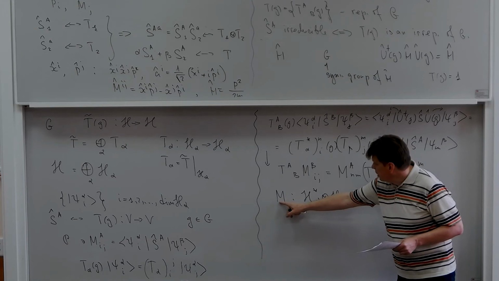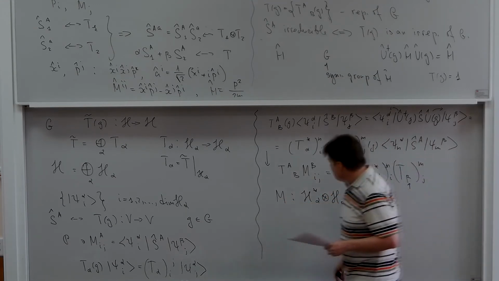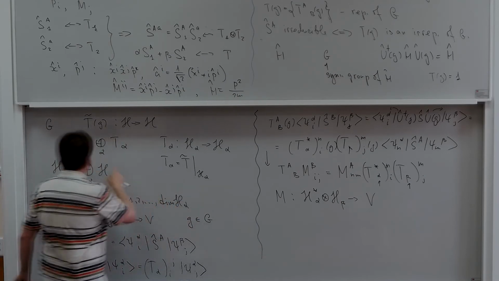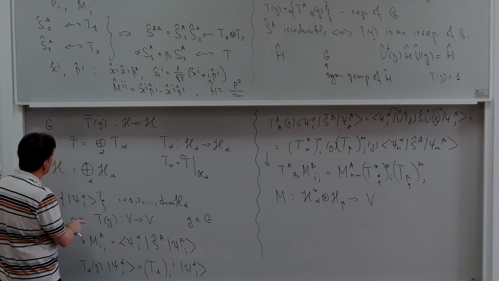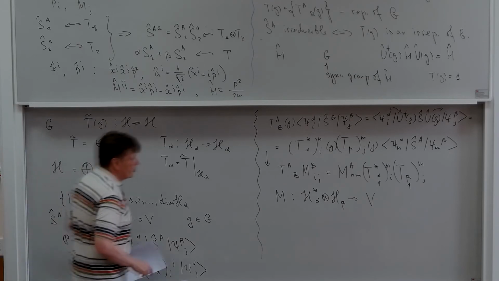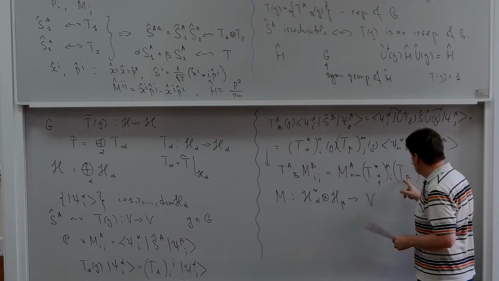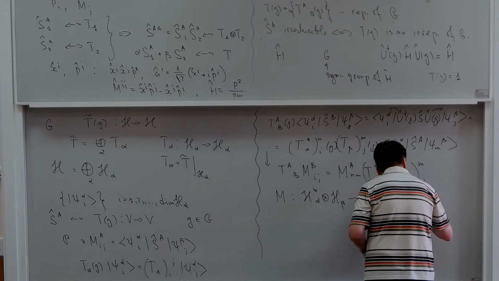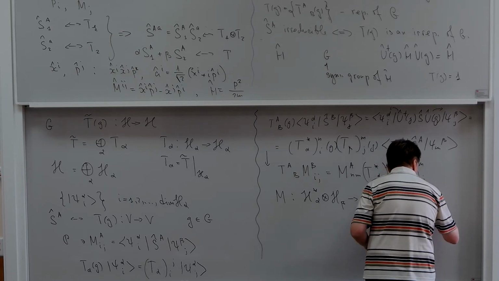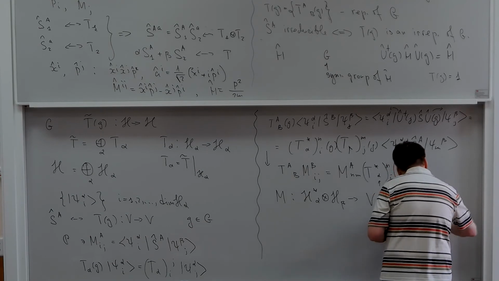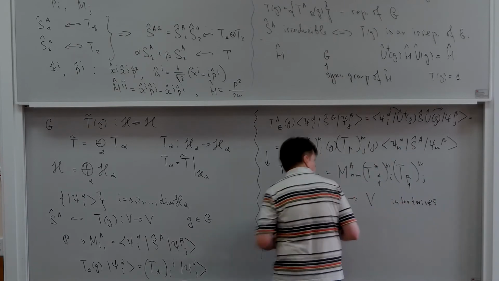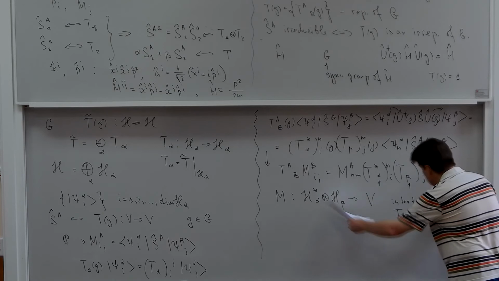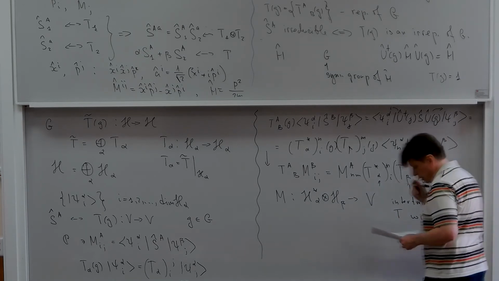And this operator M intertwines the reducible representation T with the tensor product of representations T alpha star and T beta. Here's a question.